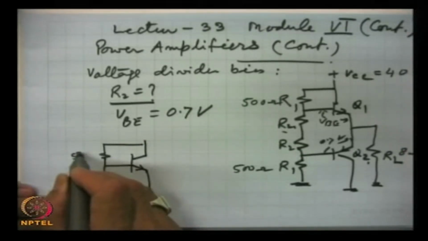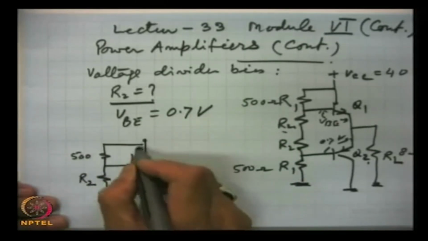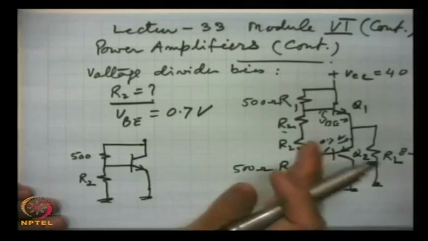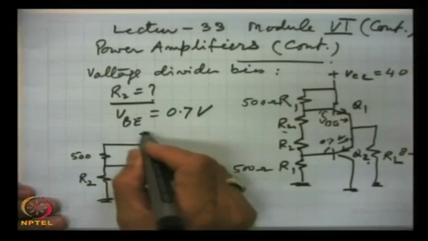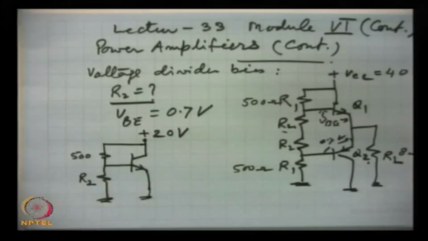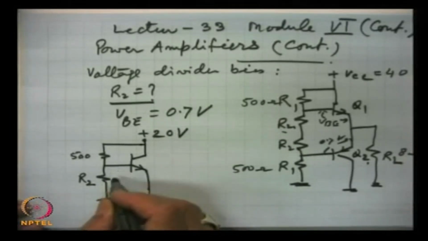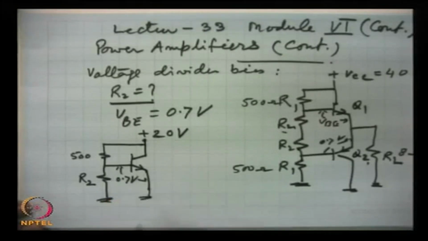This is 500 ohms, this is R2, and because I am taking half a circuit, from 40 volts it will be half of that, 20 volts.